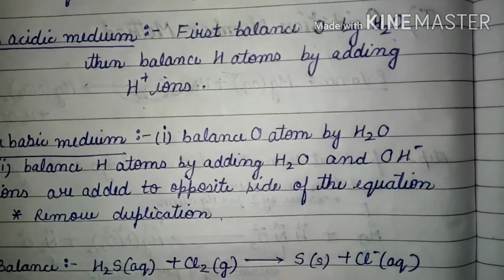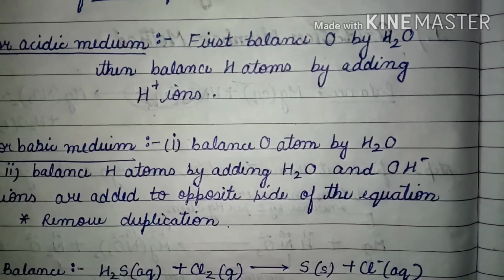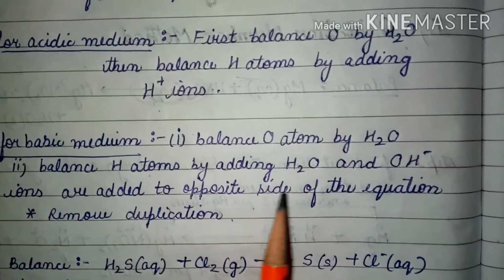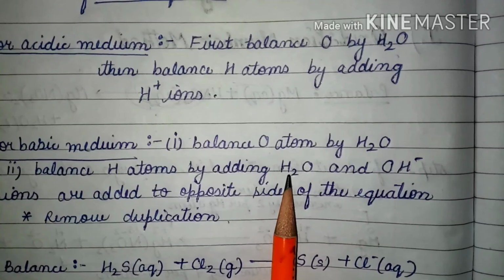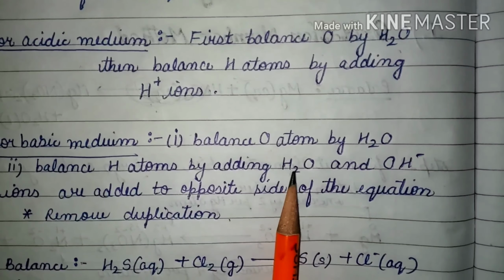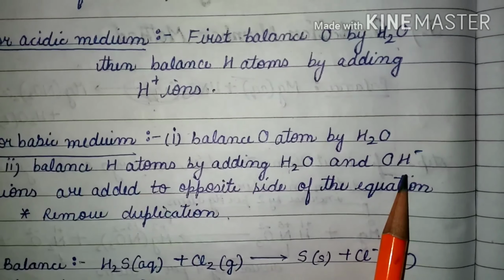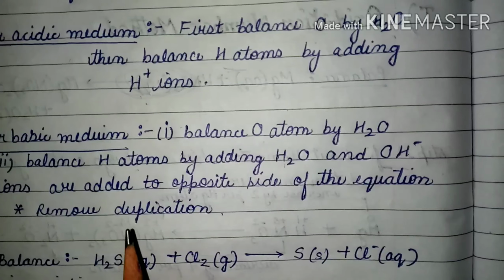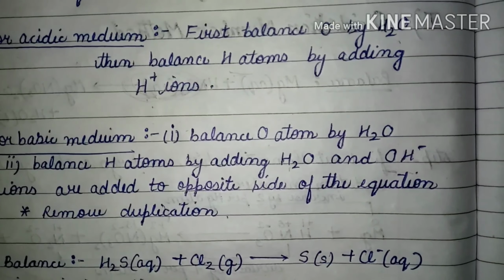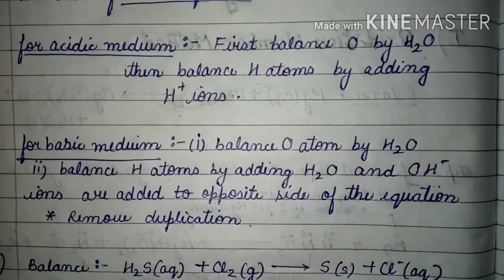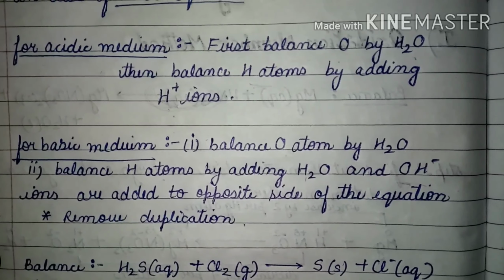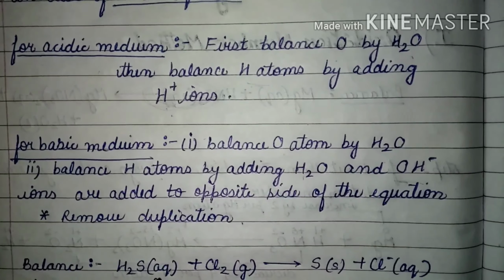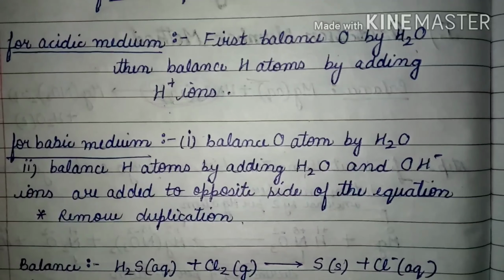Adding the H2O you will balance the oxygen, and the fifth step will be to balance the hydrogen atoms by adding H2O only. But what happens is that there will be a disbalance of hydrogen and oxygen again, so that will be compensated by adding the hydroxide ion at the opposite side where there is a deficiency of the oxygen or hydrogen atom in a given reaction, and in this way we will balance the redox reaction given in a basic medium. If a duplication occurs, then you have to remove that.